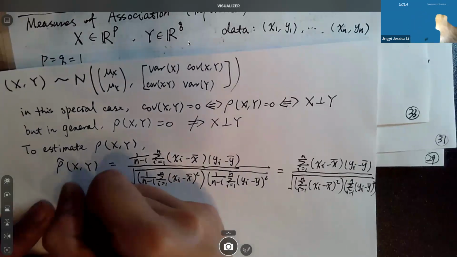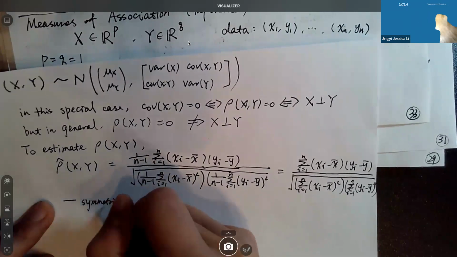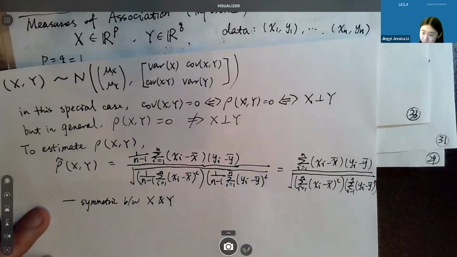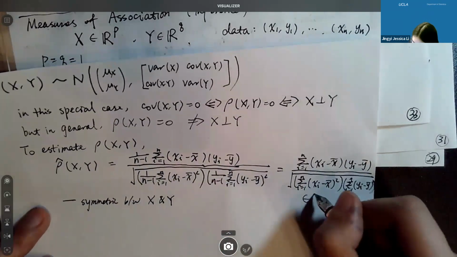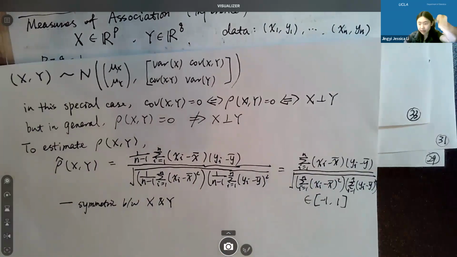So this is symmetric between x and y. So it doesn't matter which one you put in the front, and its range is from -1 to 1. So many cases people use its square if they don't care about the sign.